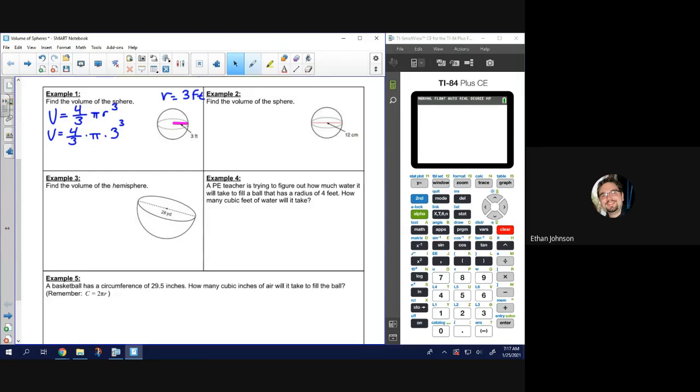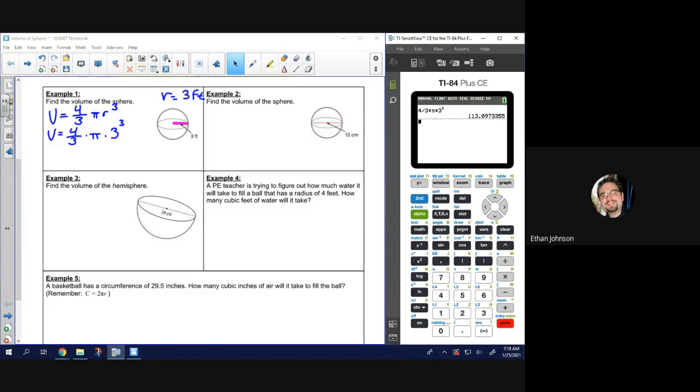So I'm going to type that in the calculator. 4/3, so 4 divided by 3, times pi. Remember, pi is still that second, then the caret button, times our radius of 3 cubed. To get cubed, I'm just going to hit the caret button and type a 3.